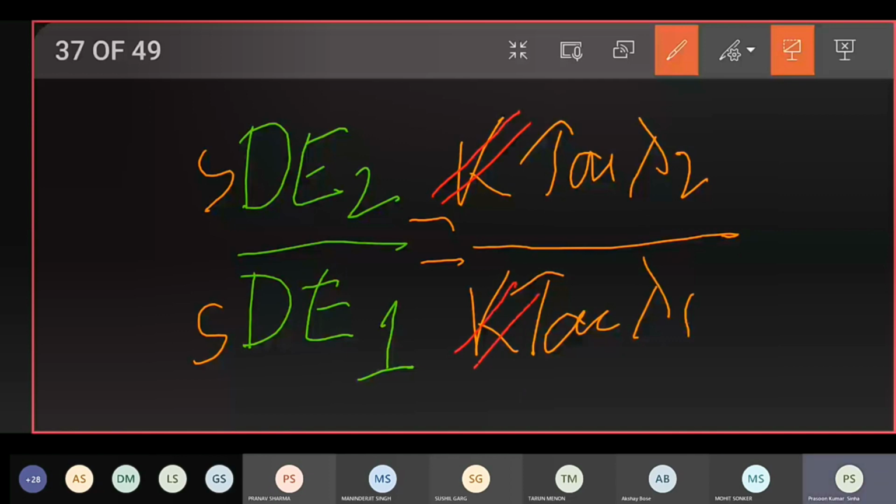Sin is getting cancelled out. So what is leaving you here is DE2 by DE1 is equal to tan lat 2 by tan lat 1. So this is another formula for finding out DE if it is already given at one latitude.